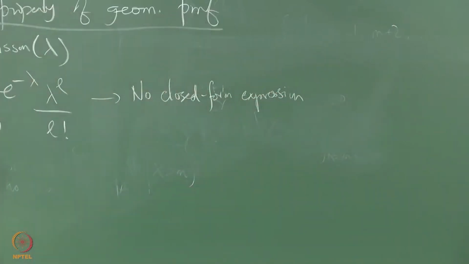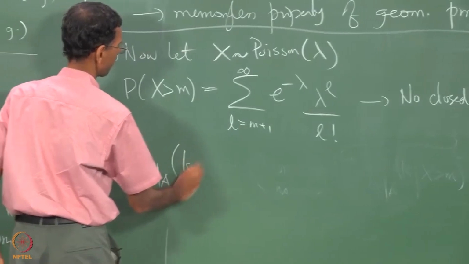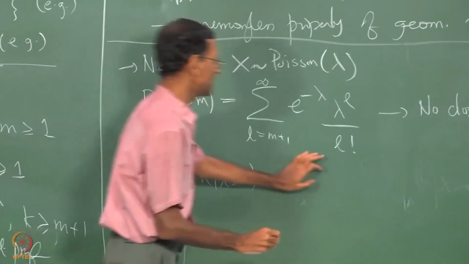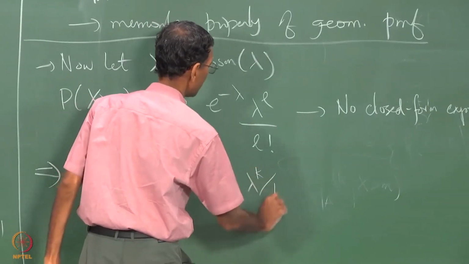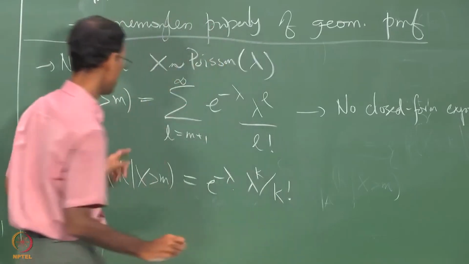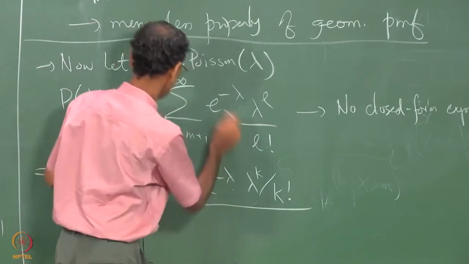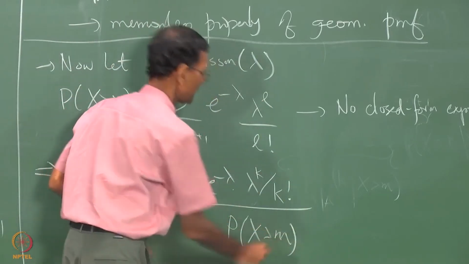Now, what is this? I can write it out: e power minus lambda, lambda power k divided by k factorial. This is the numerator, isn't it? And then the denominator is all of this. Let me not copy this whole thing, I will just write P(X greater than m).